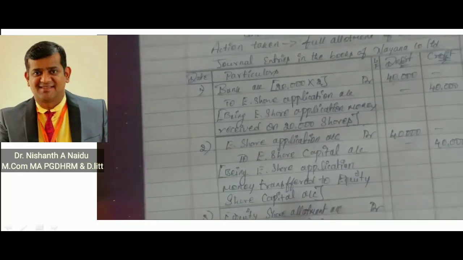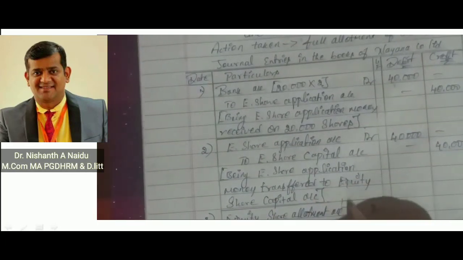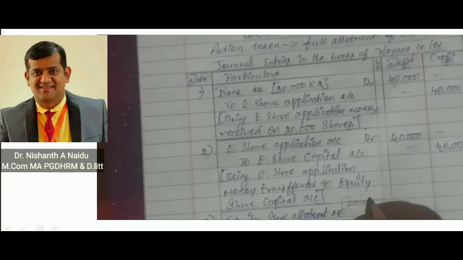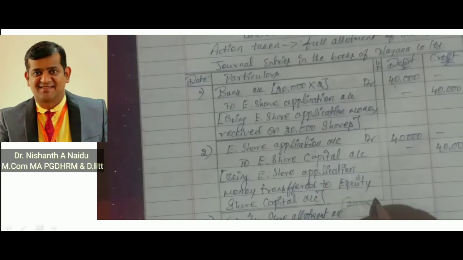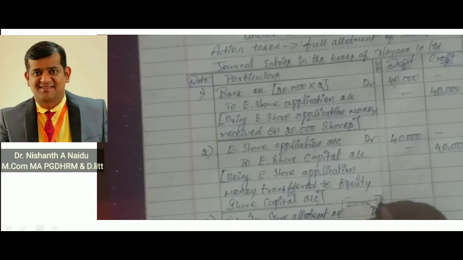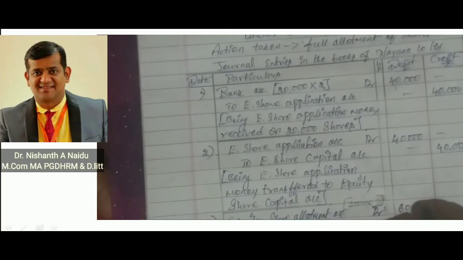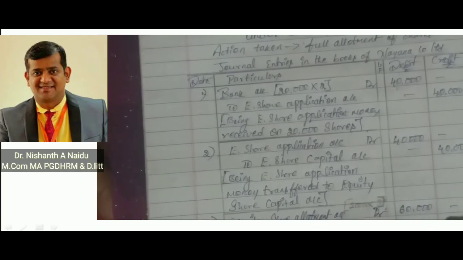So what is the number of shares? 20,000 shares into what is the allotment money? Rupees 3. Allotment call money is rupees 3. 20,000 into 3, that comes to 60,000.